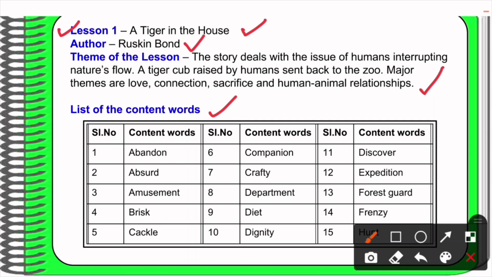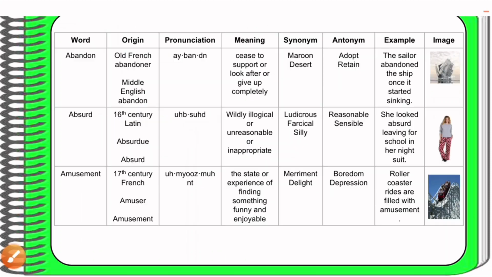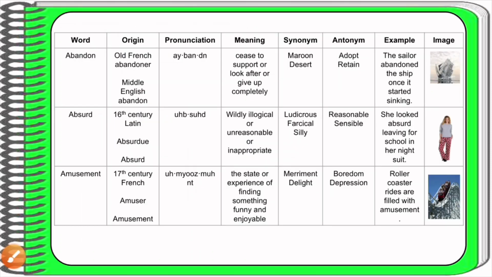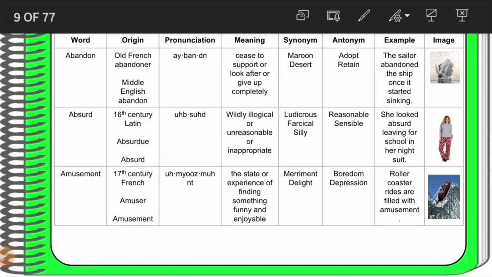You should include all those words which are difficult for class 7 students. Once your list is ready, prepare a table something like this, which can be prepared on A3 size sheet, and it should include the headings like word, origin of the word, pronunciation, meaning, synonym, antonym, example and image.